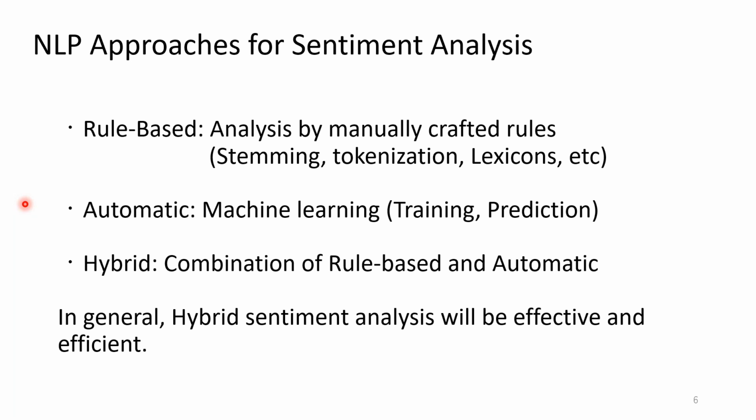The automatic approach relies on machine learning techniques where we build a classification model by learning from training data and make a prediction of sentiment by using the model. The automatic approach uses supervised learning algorithms like naive Bayes and support vector machine, and so on. The hybrid approach is a combined use of rule-based and automatic approaches. In general, a hybrid approach will be an effective and efficient approach in text classification type of sentiment analysis.